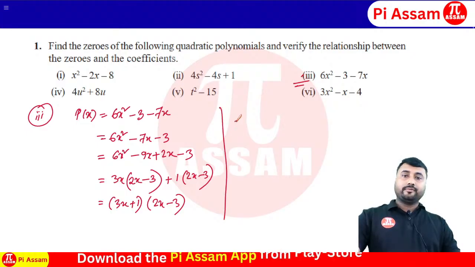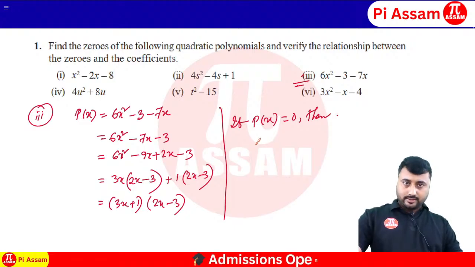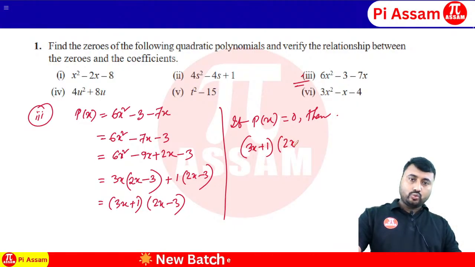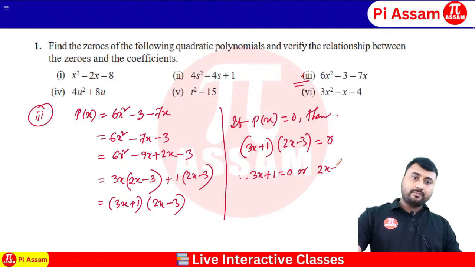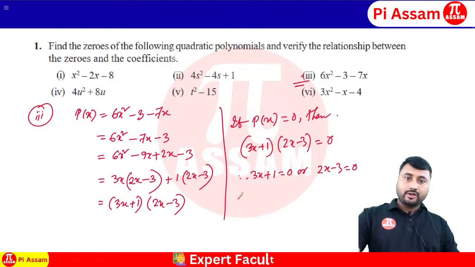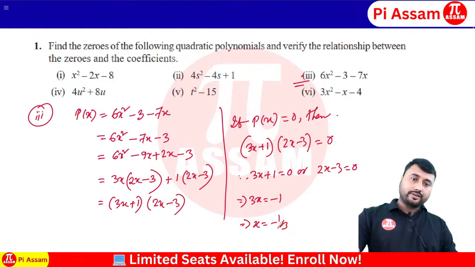So if p(x) equal to 0, then 3x plus 1 whole into 2x minus 3 will be 0. Therefore 3x plus 1 equal to 0 or 2x minus 3 equal to 0. Therefore 3x will be minus 1, hence x equal to minus 1 by 3.